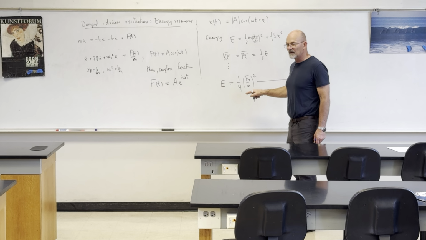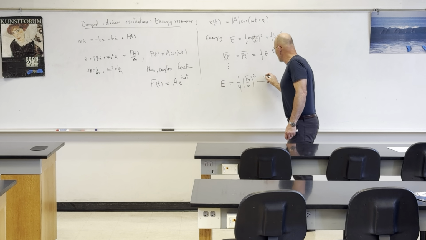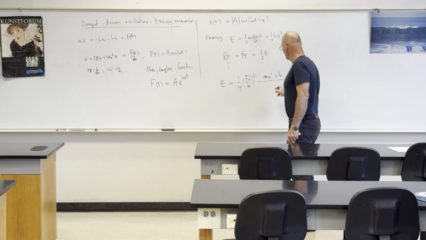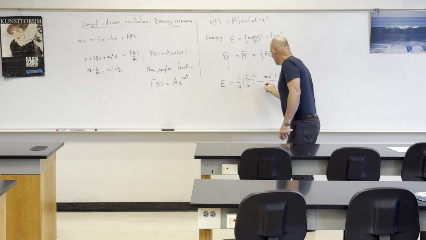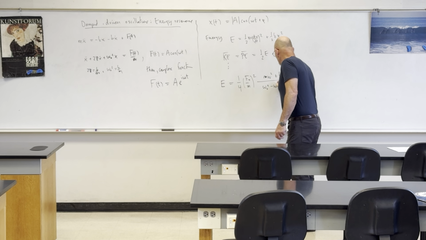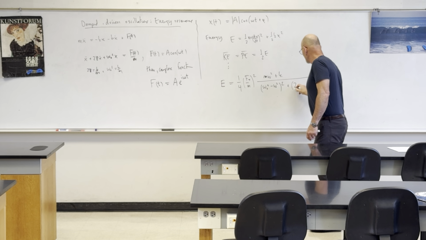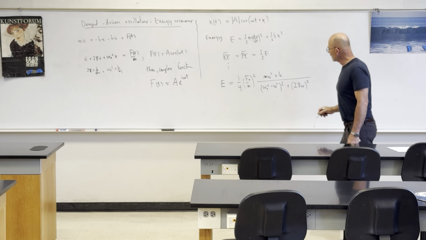And then what? On the top it's m omega squared plus k. And then in the bottom is parentheses omega initial squared minus omega squared, the whole thing squared, in parentheses, plus parentheses 2 gamma omega squared. Good, okay, we made it.